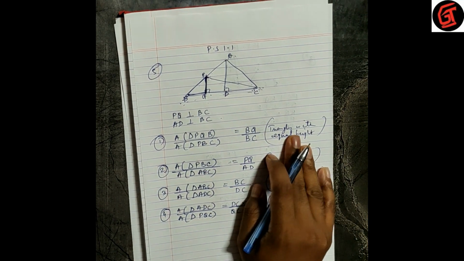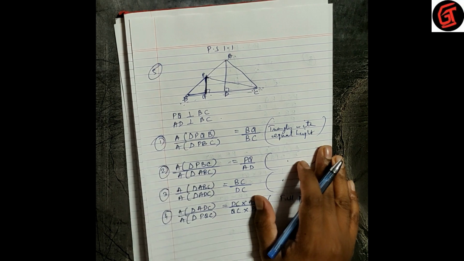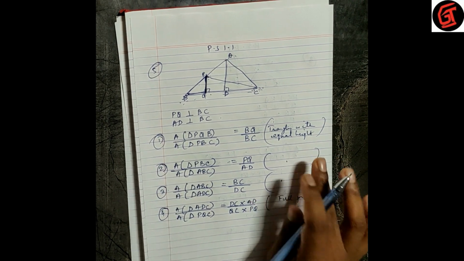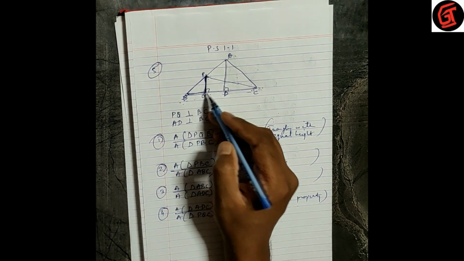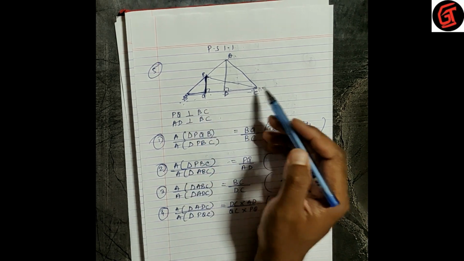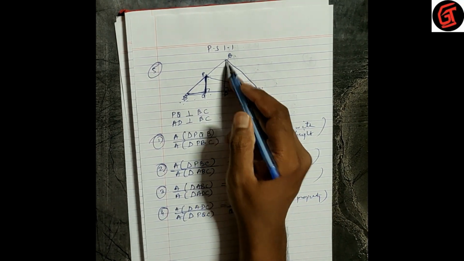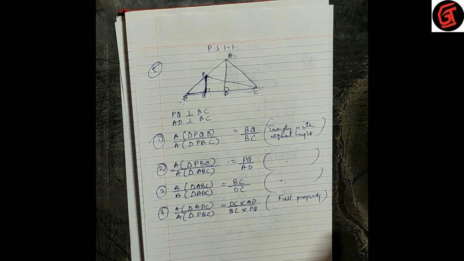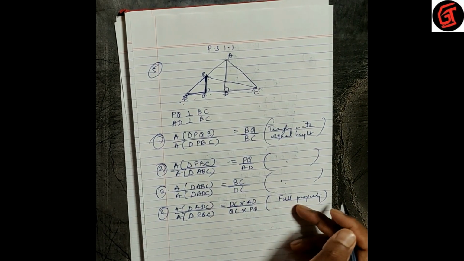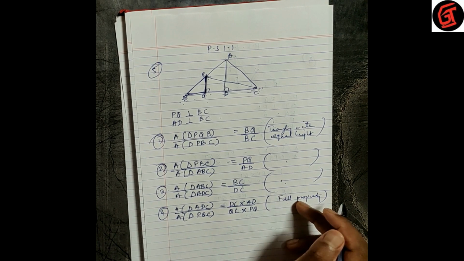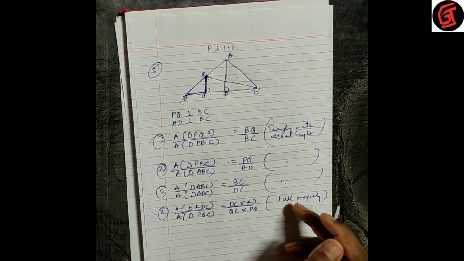That's all. This is allowed. You don't need to write the entire property which we did. And here also PQ and AD, triangles with equal bases. Here BC upon DC, triangles with equal height. You can directly write like this. But here you have to write the full property: ratio of areas of two triangles is equal to ratio of product of the bases and corresponding heights.